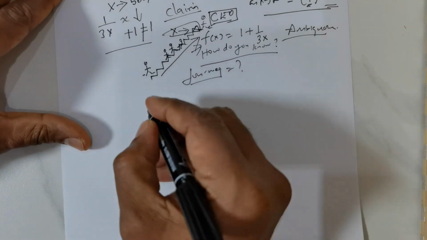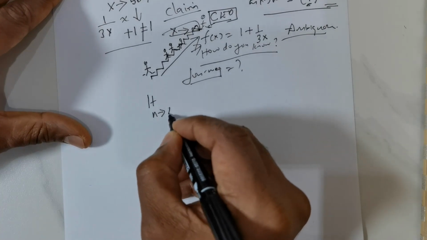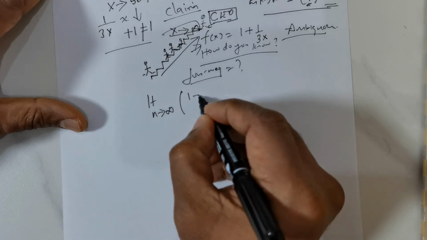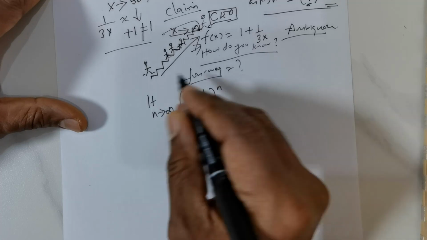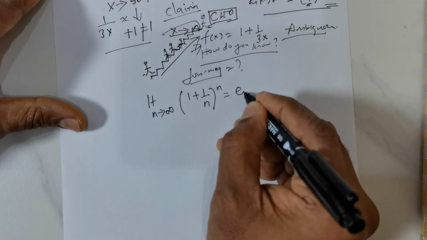Why? Because there is a well-established fact. If the limit of, say, n tending to infinity of a certain function (1 + 1/n) raised to the power of n, by calculus we have proved this to be equal to e.